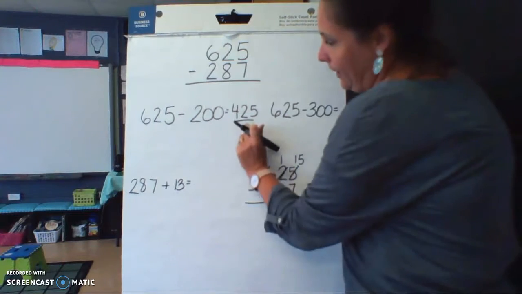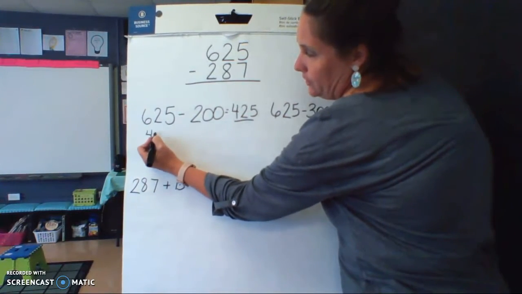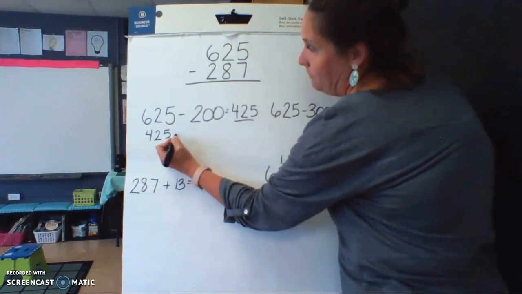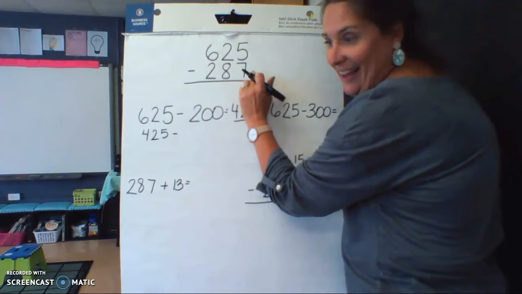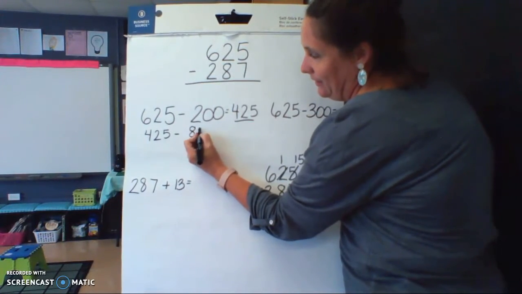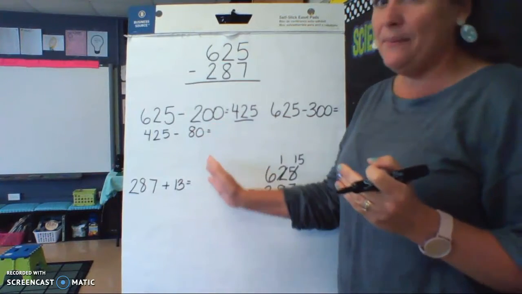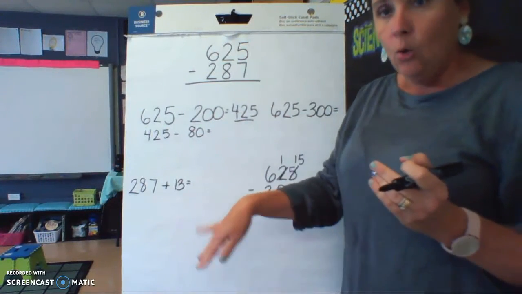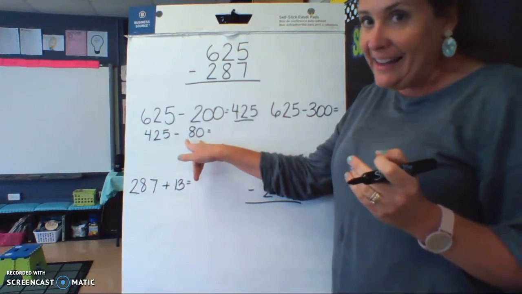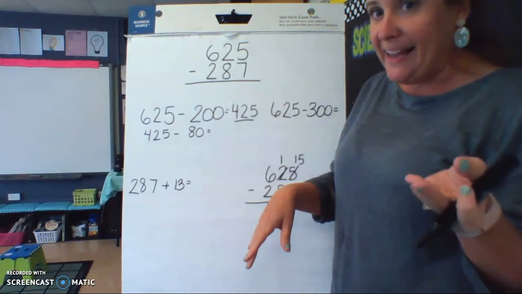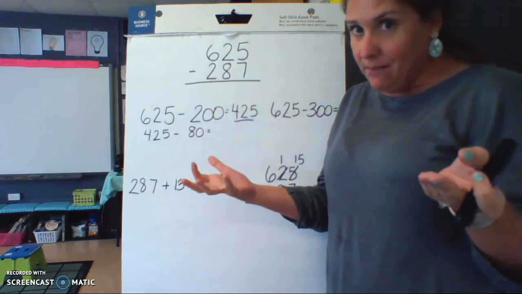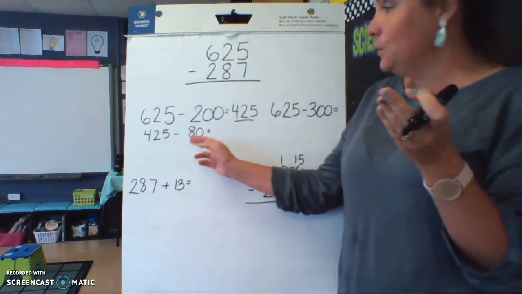So now I have to go 425 minus 80. And I know some of you might be a little bit troubled by 80, that I have to go back 100. Well, don't you know you can break that 80 into 20 and 60? Because 20 plus 60 equals 80.